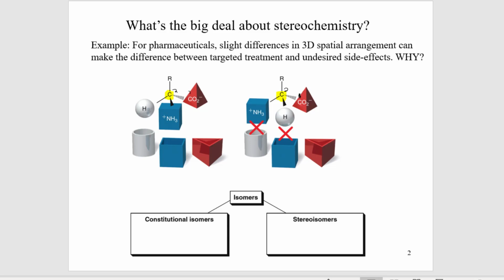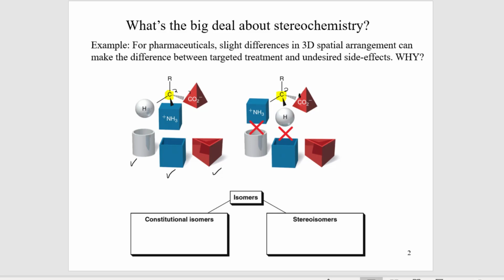But you'll notice that the orientation through space around the tetrahedral carbon, number 2, is not in the same position. If we were trying to fit them into their boxes, into an area they conform to, you'd notice that on the left, everything works out with the hydrogen, ammonium, and carboxylate, gray, blue, red, and they would fit perfectly into their little box.